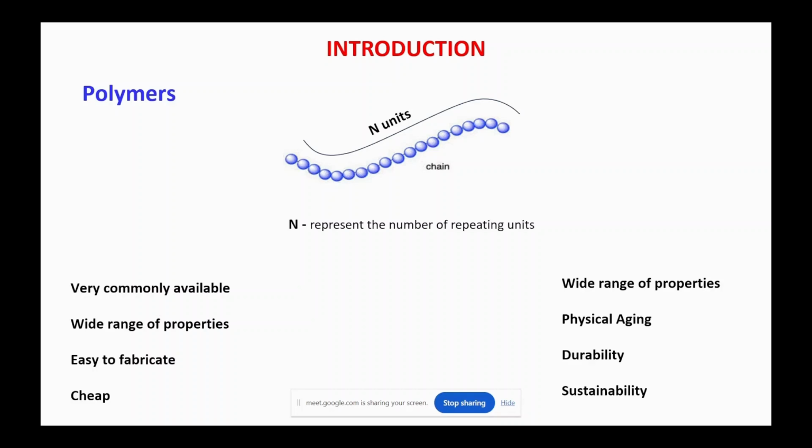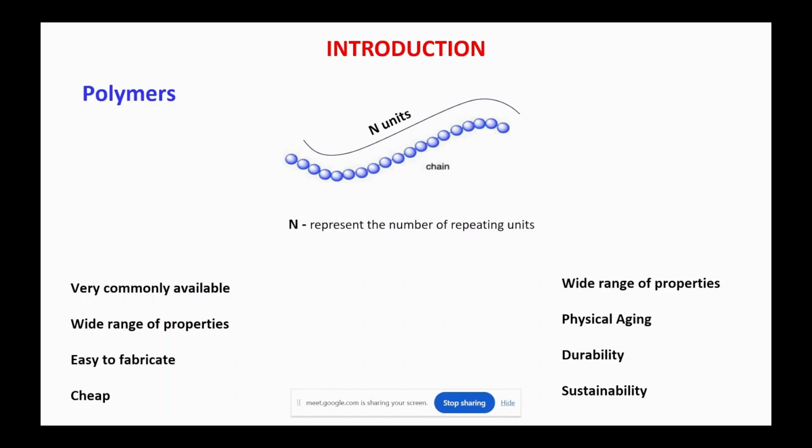There we have many methods to process polymers, starting from extrusion, then fiber spinning, injection molding, and so many different varieties of processing polymers to form different, complex shapes, so that they can be used for daily applications.